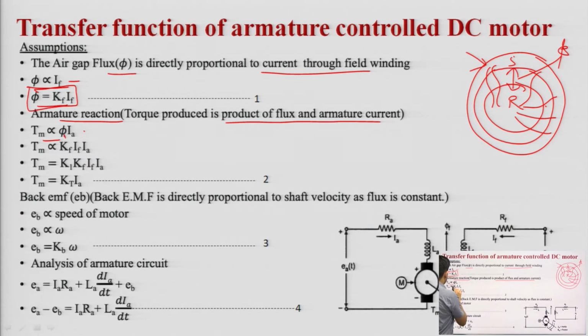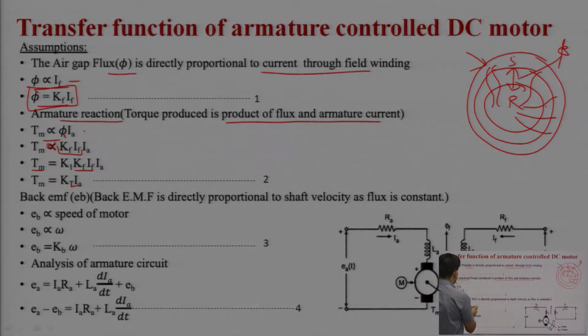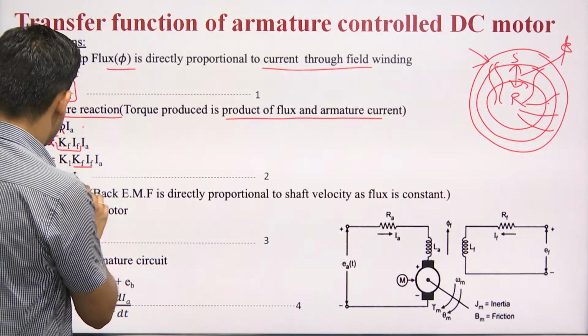So, phi is replaced by K f I f, and I will get T m equal to K 1 K f I f I a. Here I am assuming this constant as K t, so T m is equal to K t times I a.